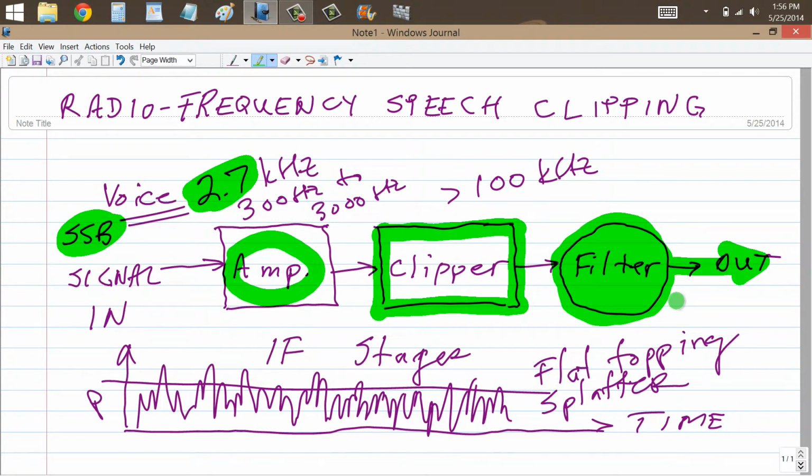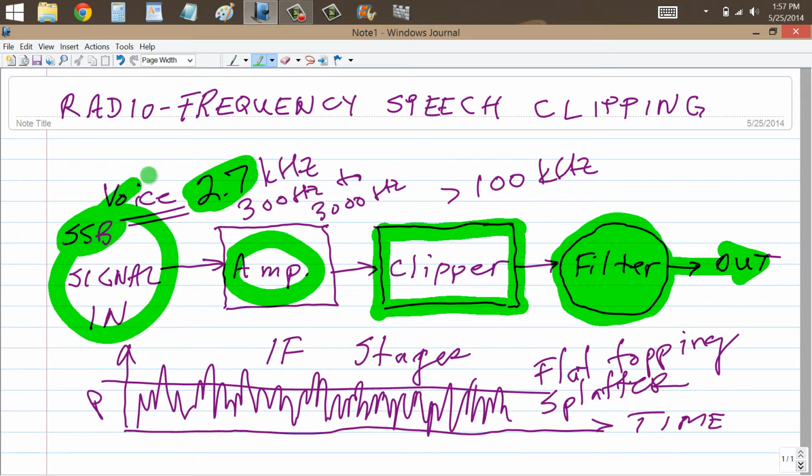You have to be careful when you do something like this that you don't overwork your radio frequency amplifier circuits, your power amplifier circuits.